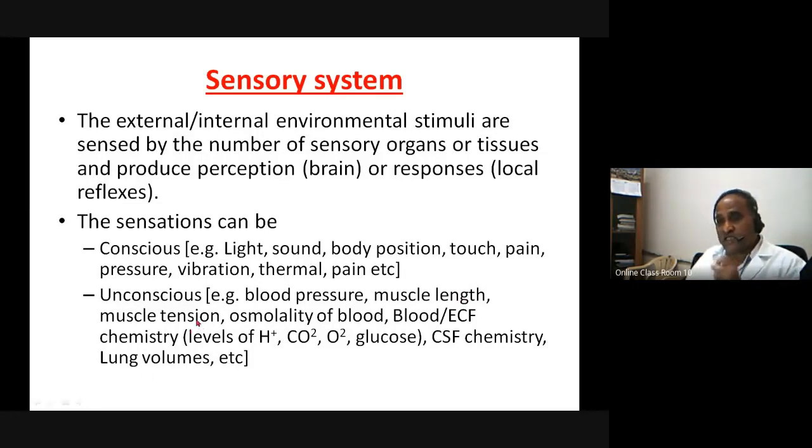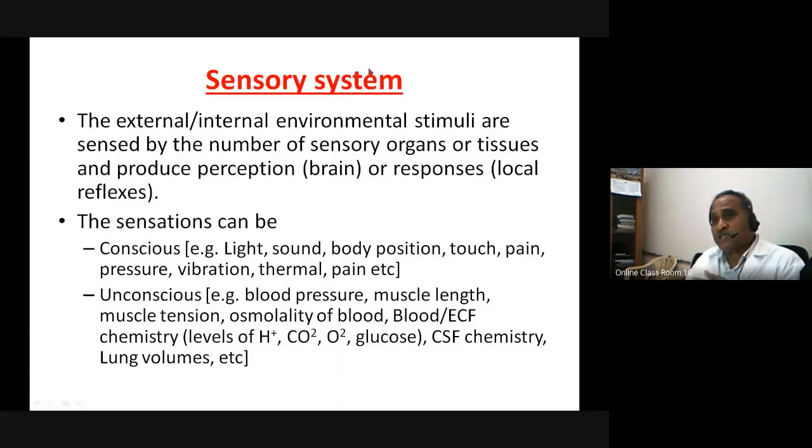And the muscle tension, the osmolality of the extracellular fluid and the blood, the blood and extracellular fluid chemistry. This chemistry is in terms of the hydrogen ion concentration, carbon dioxide tension, oxygen tension, glucose levels, and so on, so many. Even the thermal sensation, the CSF chemistry, the lung volumes, and so on, the list is expanding.